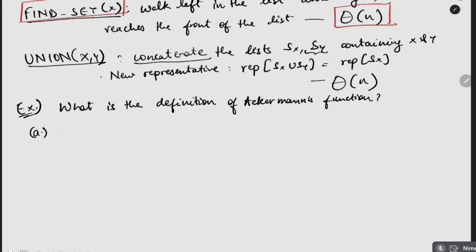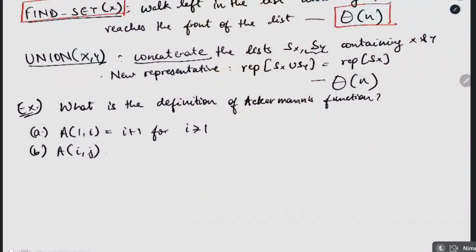Is it A(i,1) is i plus 1 for all i greater than or equal to 1, or is it A(i,j) as i plus j for i greater than or equal to j?